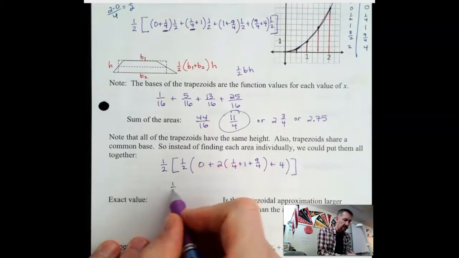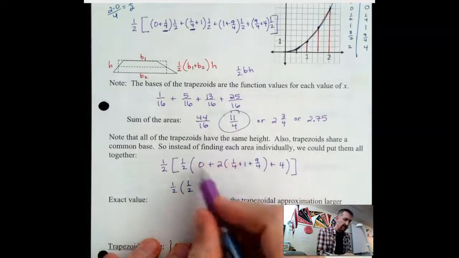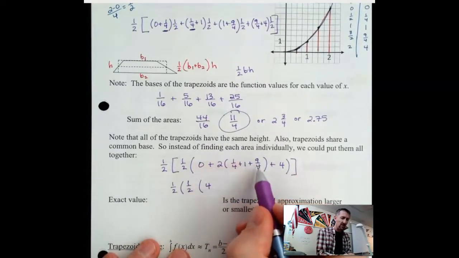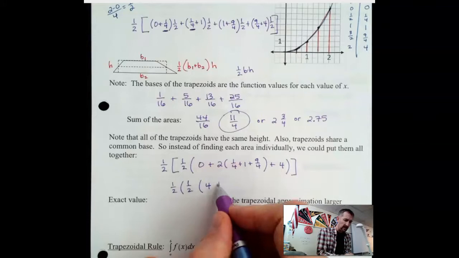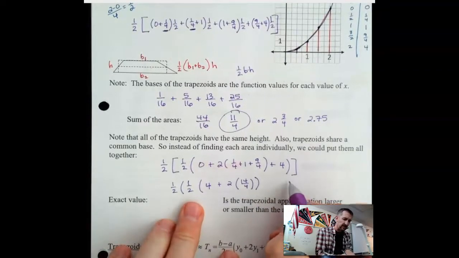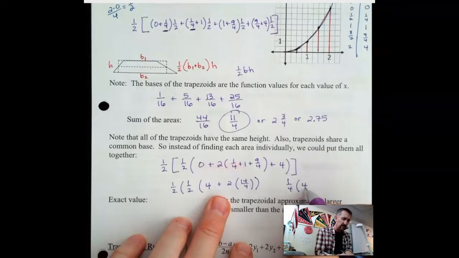So we could have done it like that and had 1/2 and 1/2, and the 0 plus the 4 is 4, and that's 10/4, and 4/4 would be 14/4 times 2. I don't know if I'm doing too much there. 14/4. So I'm going to multiply those two together. That's 1/4, and this is going to be 4, and that's going to reduce to 14/2.